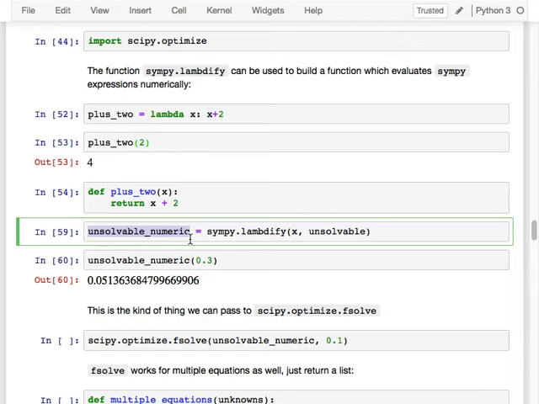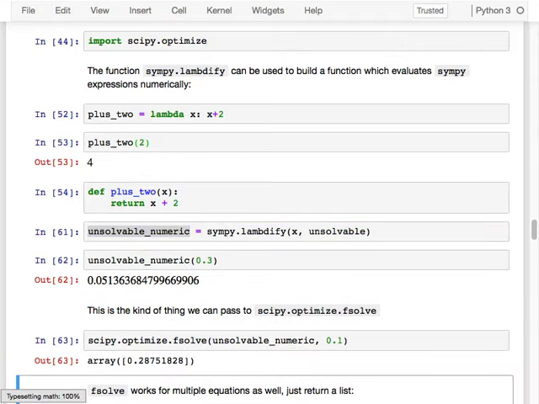This is very useful because it allows me to use fsolve, which I'm sure all of you have come across before, so scipy.optimize.fsolve. This is, in SciPy, the numeric solution routine. So in SymPy there is nsolve, and in SciPy there is fsolve. The fsolve routine works only for numeric values.